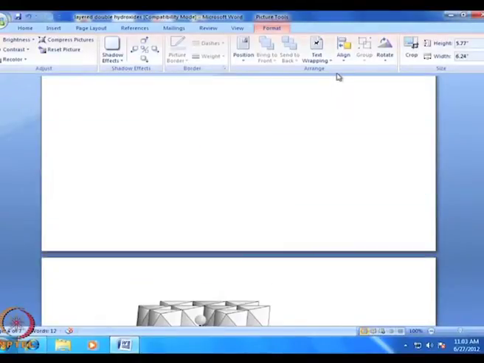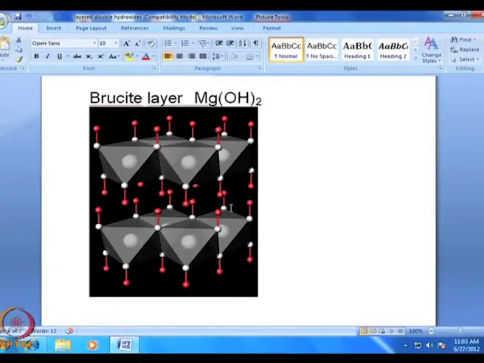Here I have got brucite, layers of magnesium hydroxide over here and over here. They are all individual. You see, these octahedra are not yet connected because this is OH. All of these are H. So, this is one layer, this is a second layer which does not have any connectivity.